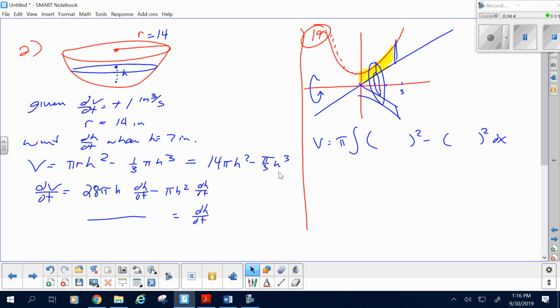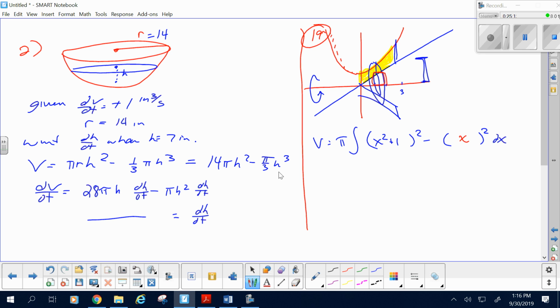So what is big R? Big R is the distance from the axis of revolution to the outer point of the picture. And the outer point is points on the parabola. Little r is from the axis of revolution to the inner circle. And the inner circle ends at the line.